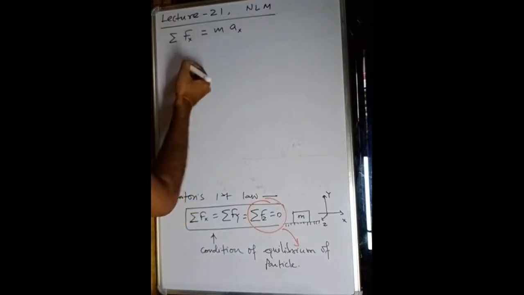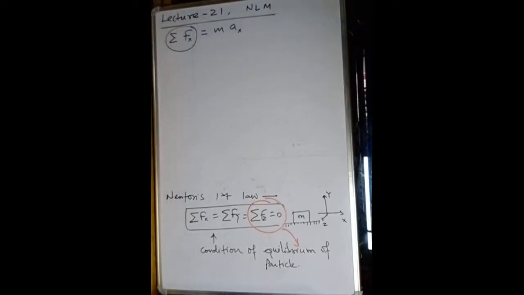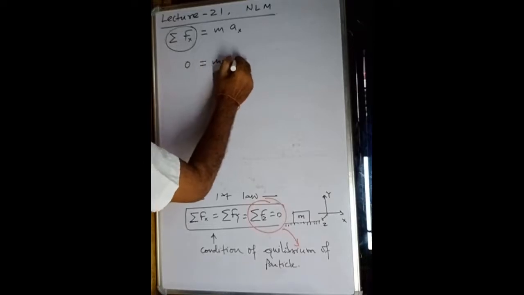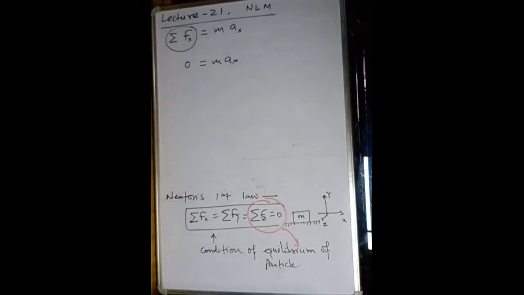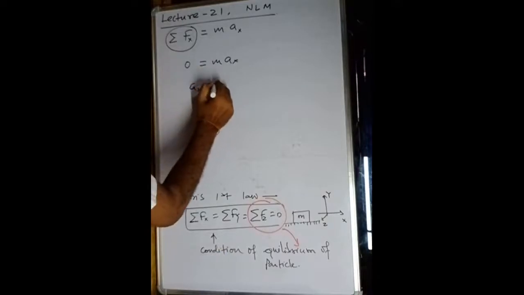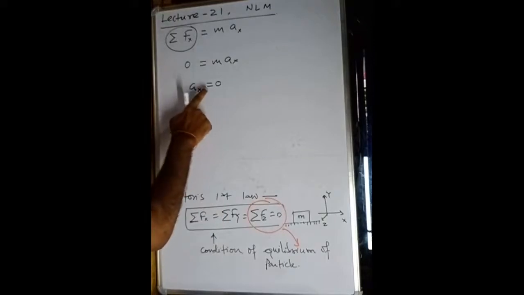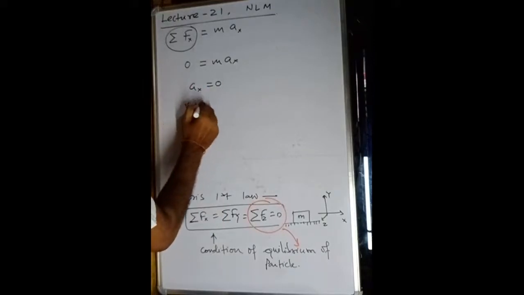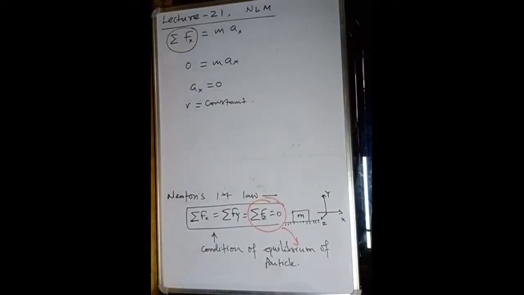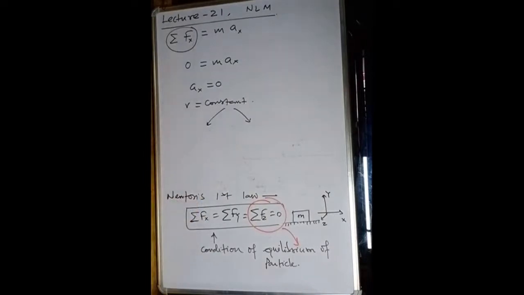My dear students, suppose this sigma Fx is 0, then max equals 0, and we know that mass cannot be 0. It means acceleration along the x-axis will be how much? It is 0. And if acceleration is 0, then velocity will be what? It is constant. If the velocity is constant, then you can draw two things from here.